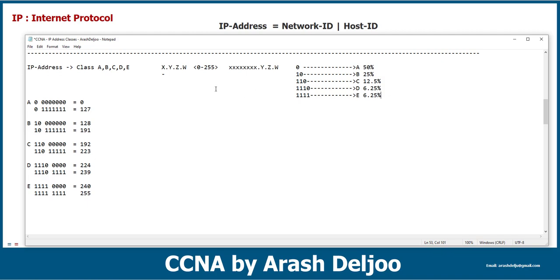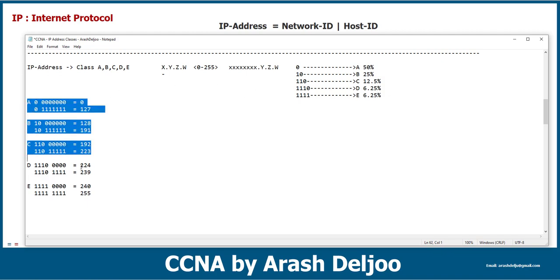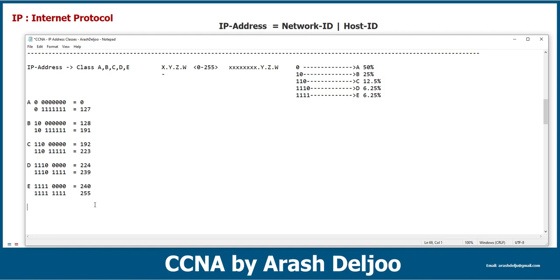I will show you again, but now we can find any IP address class easily with this information. Let me give you some examples. For example, if I give you this example, 1.1.1.1, what is the class of this IP address? It's so easy, because only the first octet is important for us, and the 1 is between 0 and 127.